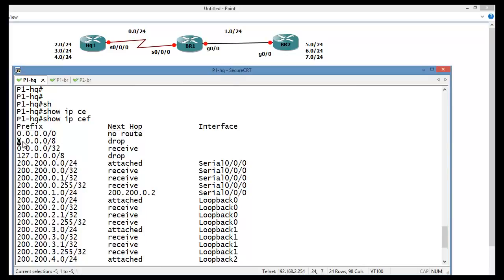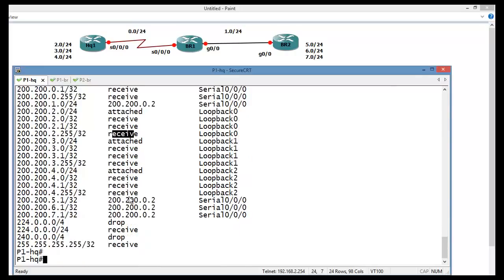If any packets are originated for 0.0.0.0, go ahead and drop them. 0.0.0.0/32 is receive, that is you, yourself. Similarly, the loopback address is going to drop. The 200.200.0 network is attached to you, on the serial 0/0 interface, as you can see right there, and so on and so forth. All this information you can see.